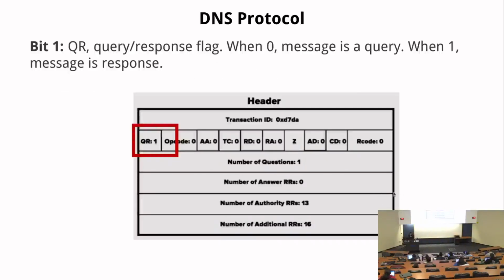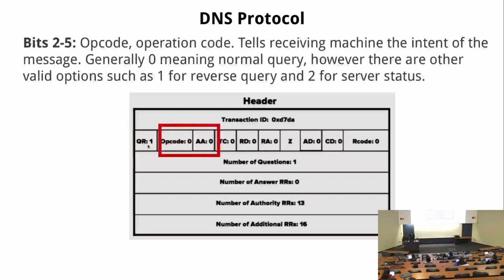In this header, some of the fields we can take a closer look at. There is one bit called QR, the query or response flag. If the message is a query, we clear this bit. If this message is a response, we set this bit. That's it. Just one bit, and we can tell whether it's a request or a response.